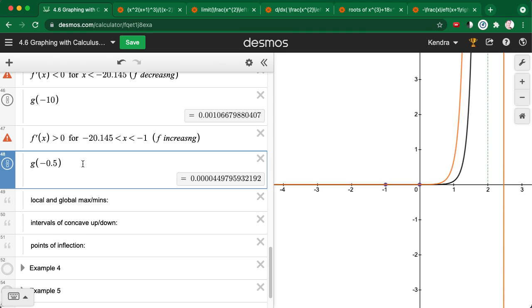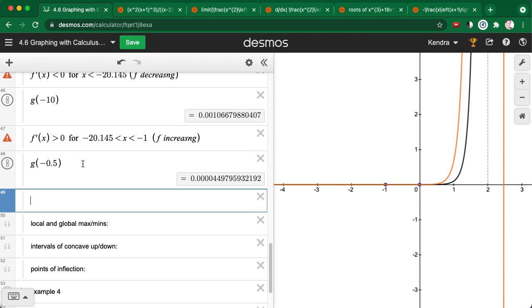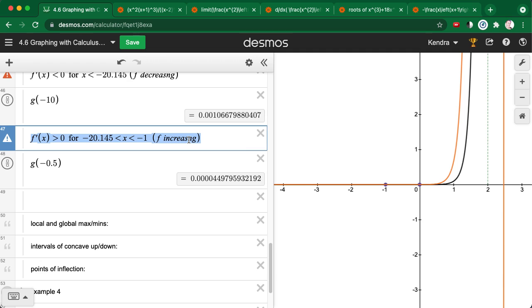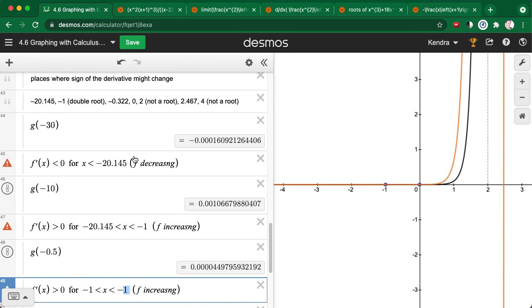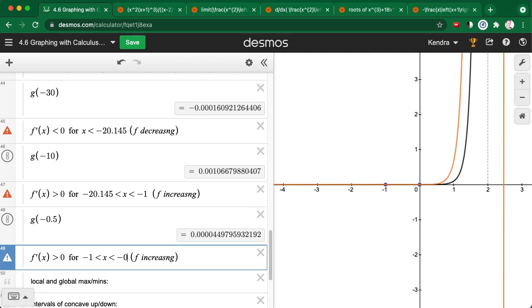All right. So that is the same for x going from negative 1 to negative, what is that number? 0.322.